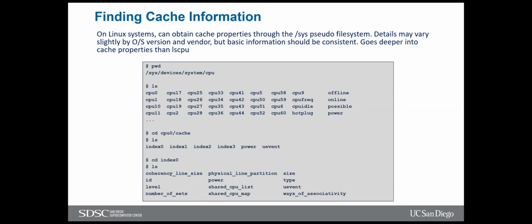I mentioned that with pseudo-files, you get information specifically for all the individual cores. So if we drill down into this, we're in sys devices system cpu, and I don't list them all, but it will list all the CPUs, from cpu0 up to cpu127.